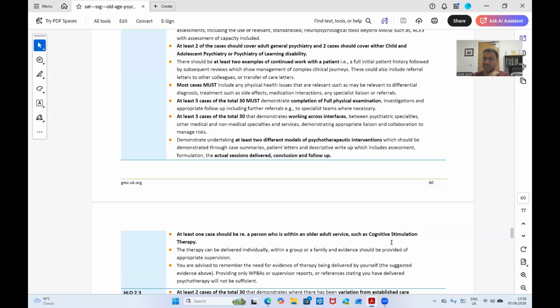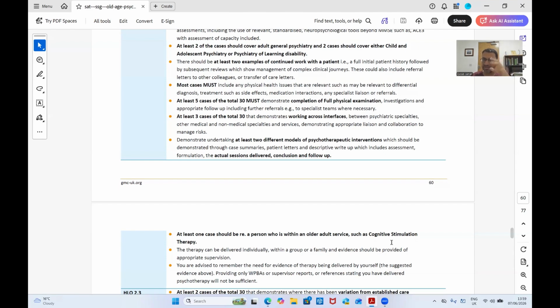Now, in psychotherapy cases, you have to do a thorough initial assessment. You're submitting summaries of the sessions you have done. Say if you've done cognitive analytical therapy, you have to do the sequential diagrammatic reformulation chart. You have to write the initial letter and then the goodbye letter.